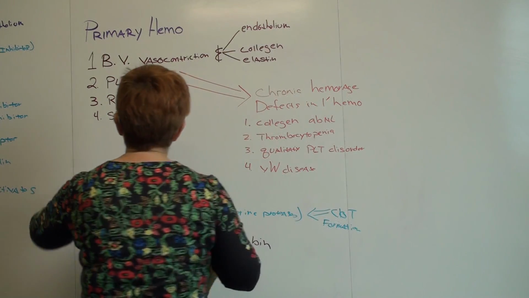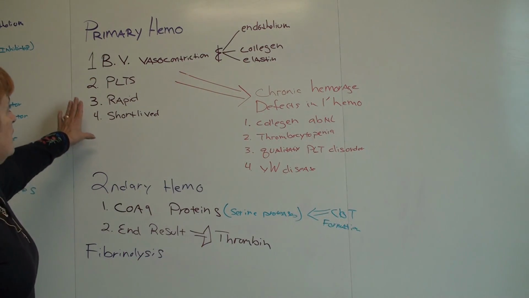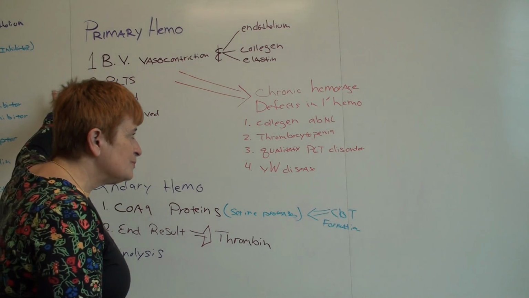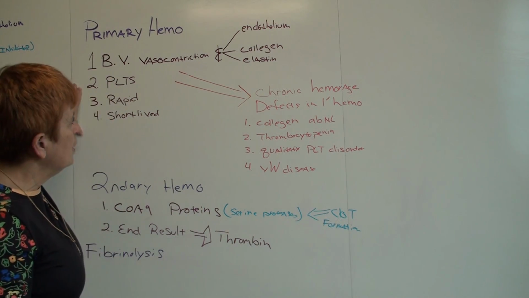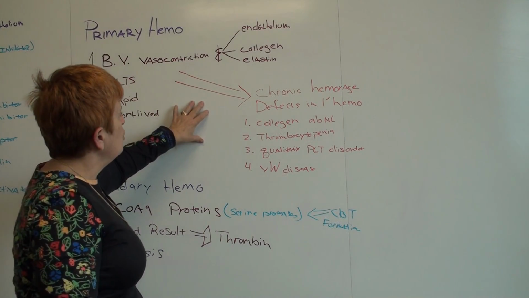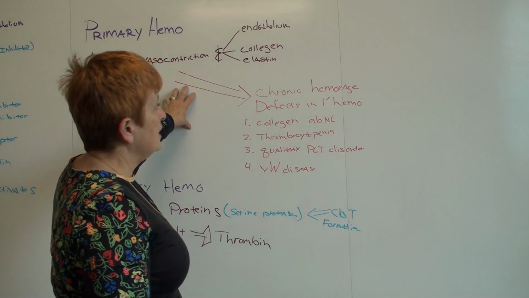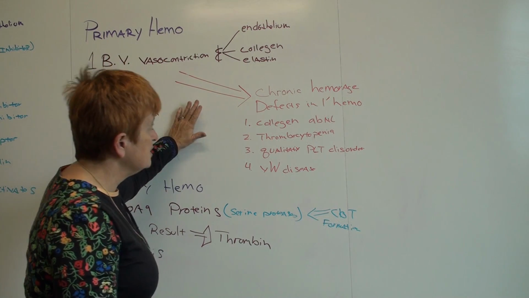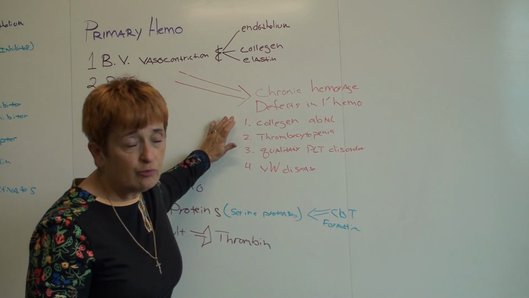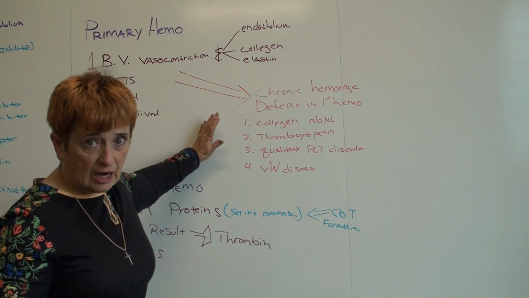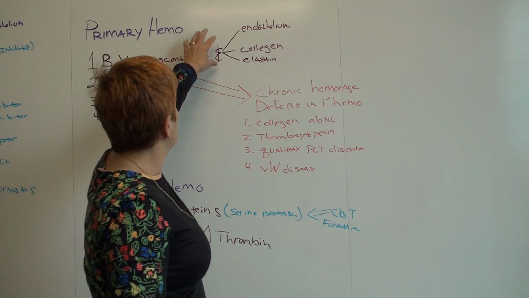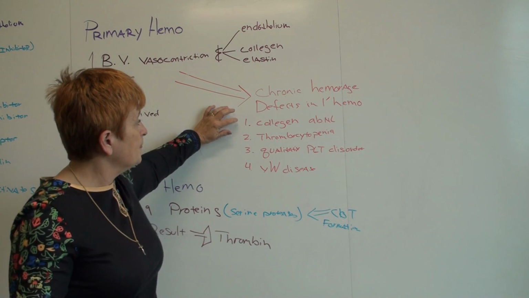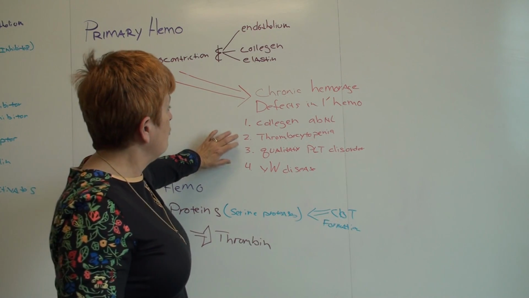All right, now I also mentioned some of the things that you need to remember with, like mucocutaneous bleeding, etc. And so here we can have chronic hemorrhages. When we have chronic hemorrhages, it's a defect in my primary hemostasis. And I also mentioned it could be something with my blood vessels, such as maybe I have abnormal collagen. Or maybe there's something wrong with my platelets.